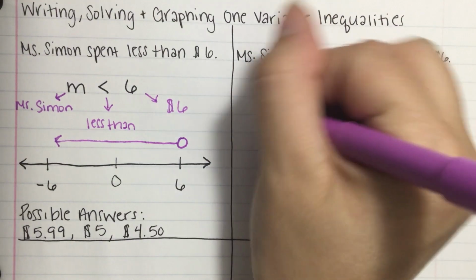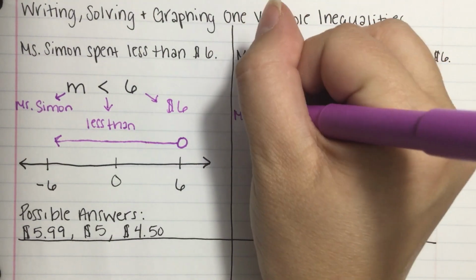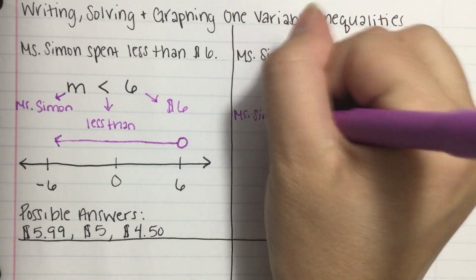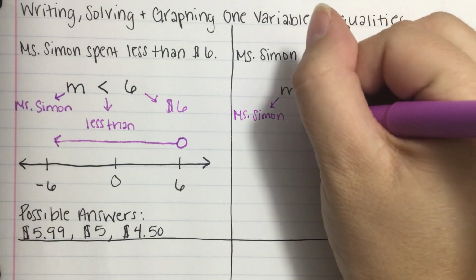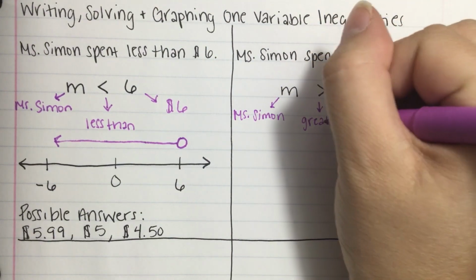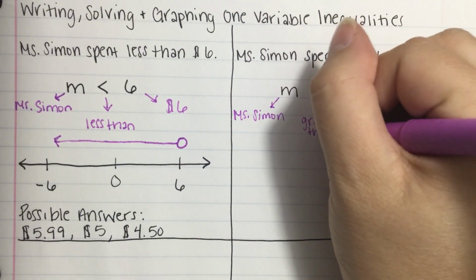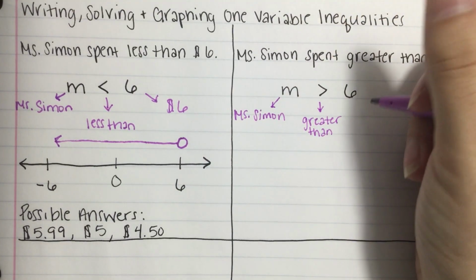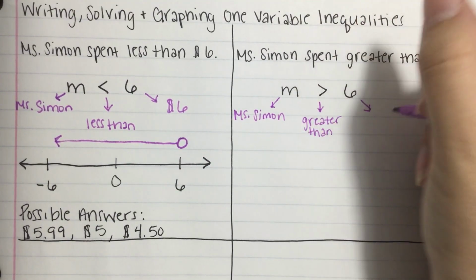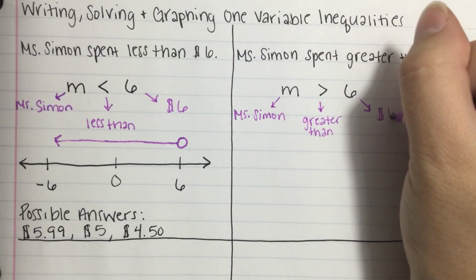So M represents me, Miss Simon. This is my greater than symbol. And this represents my $6.